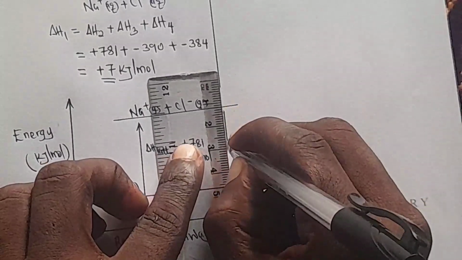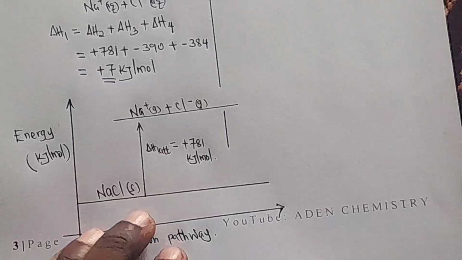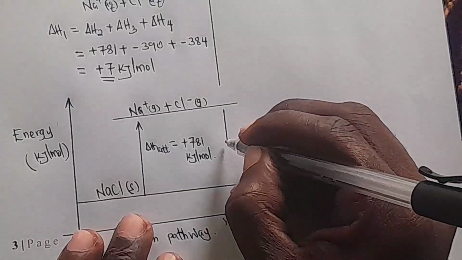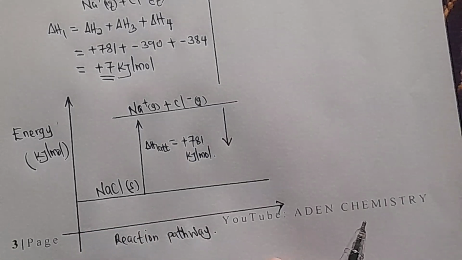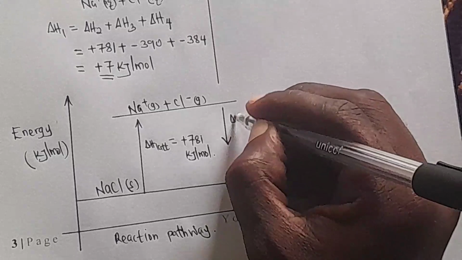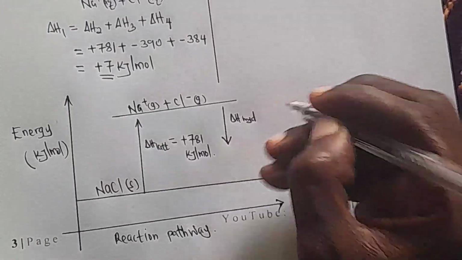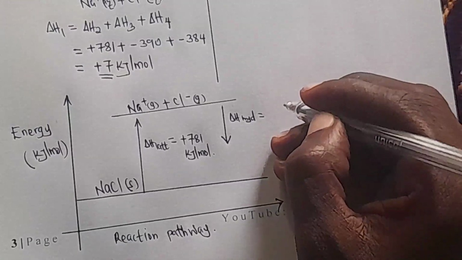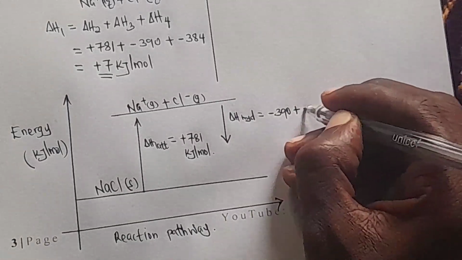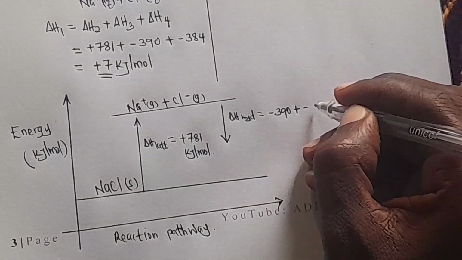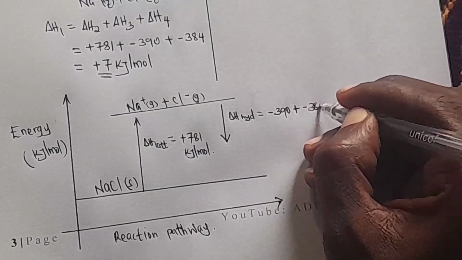Remember, we said when you get a positive enthalpy as your heat of solution, our lattice energy is greater than our hydration energy. So we are going to have the hydration energy there. In our case, the hydration energy is the sum of the hydration of sodium ion plus that of chloride ion, which is 384.